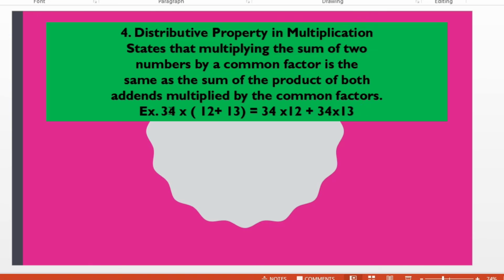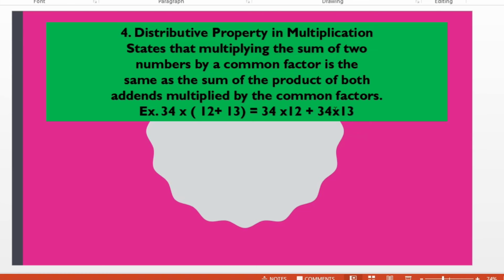So, nasasabi natin common factor, ito po yung nasa labas. For example, 34 times, open and close parenthesis po, 12 plus 13. Kaya tinawag yung over addition kasi pinaghalo ng addition. Equals 34 times 12 plus 34 times 13.